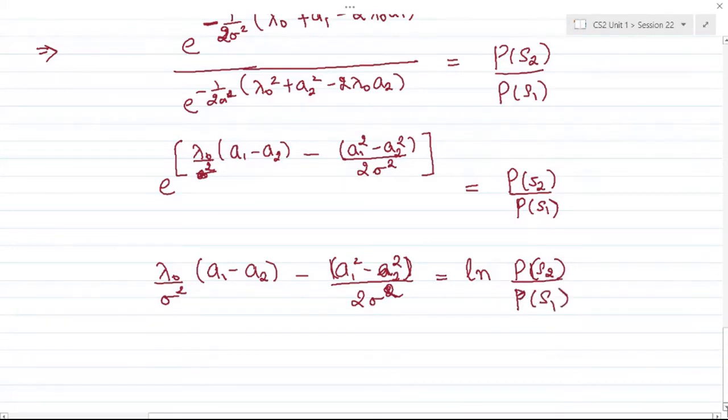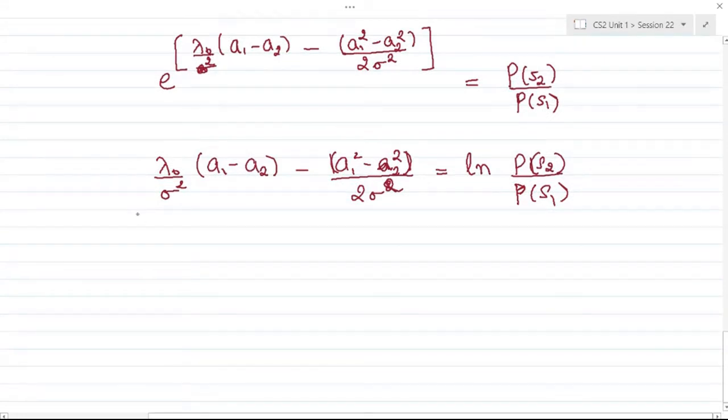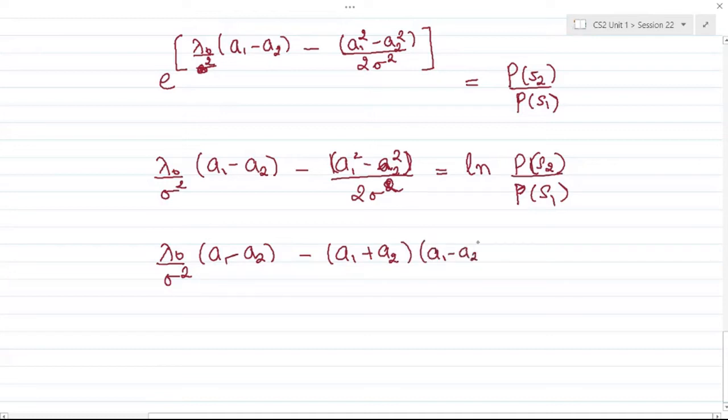Now our aim is to find out lambda naught. So how can I do that? We can take a1 minus a2 common first. So I break this as a1 plus a2 times a1 minus a2 divided by 2 sigma squared. This is natural logarithm of this ratio.